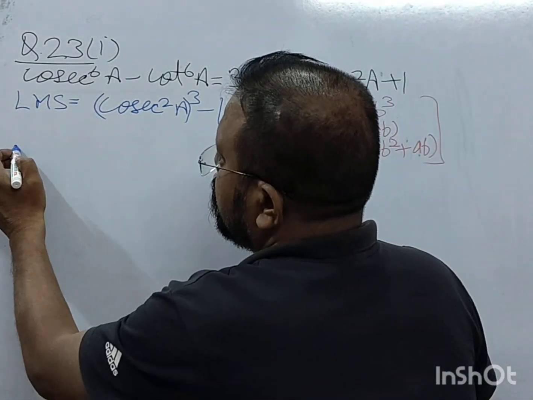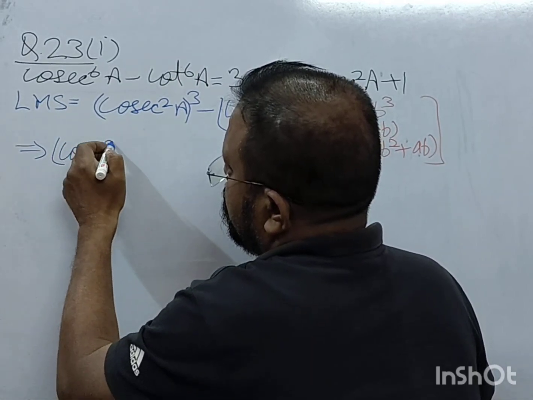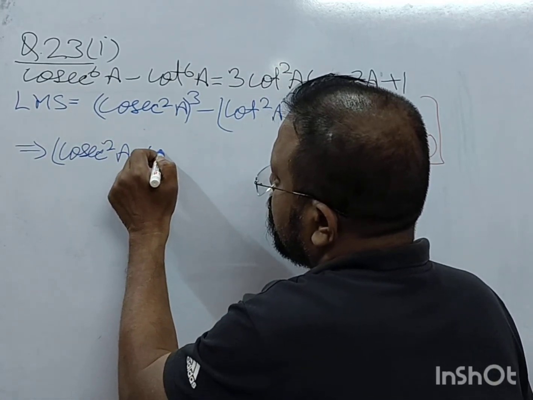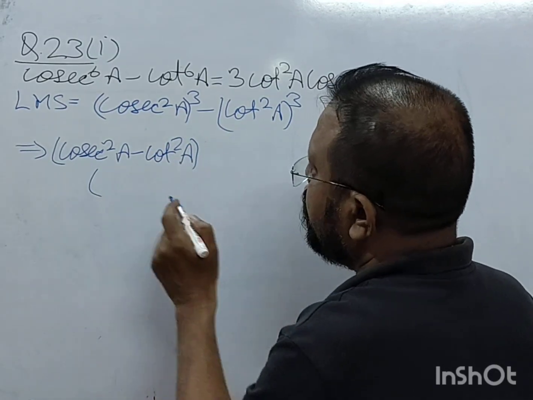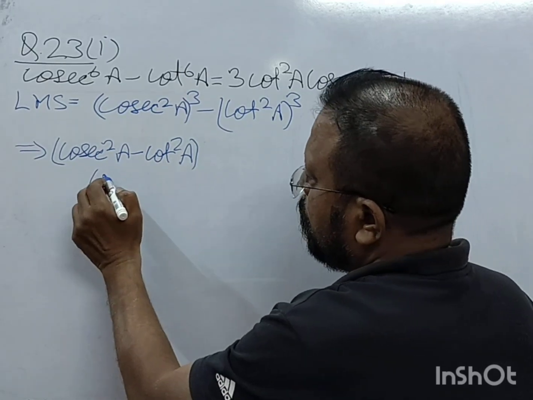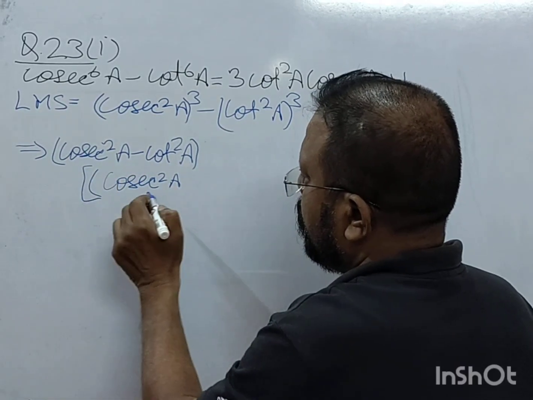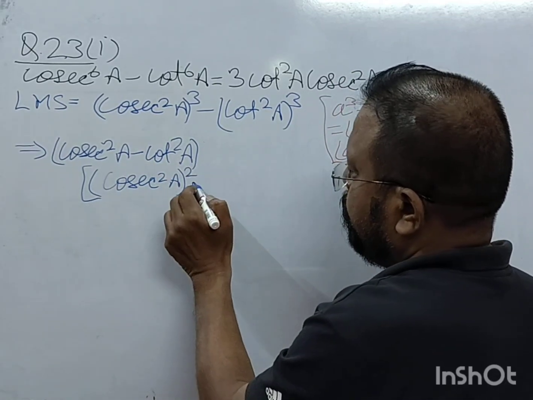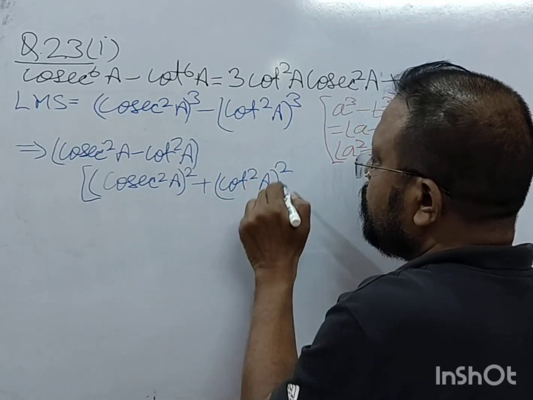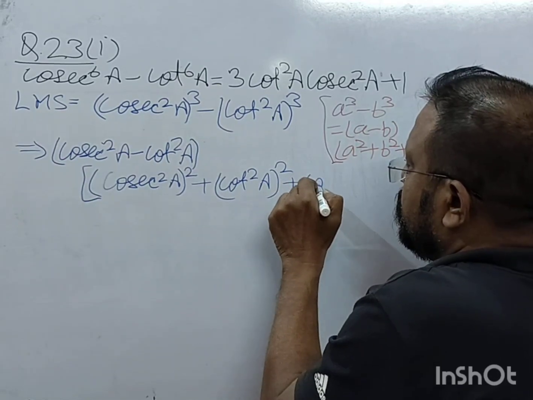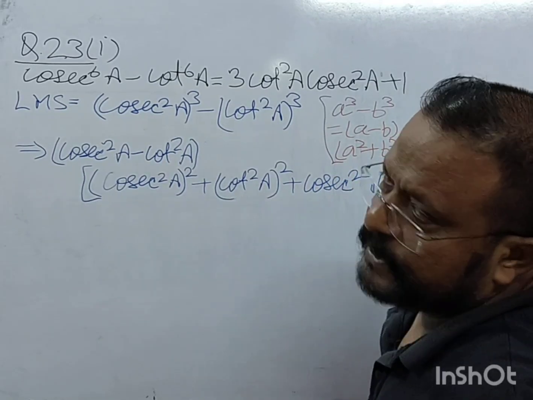So it becomes cosec square a minus cot square a bracket cosec square a whole square plus cot square a whole square plus cosec square a cot square a. Is it?